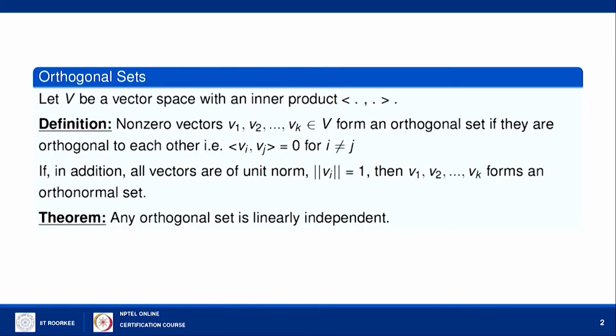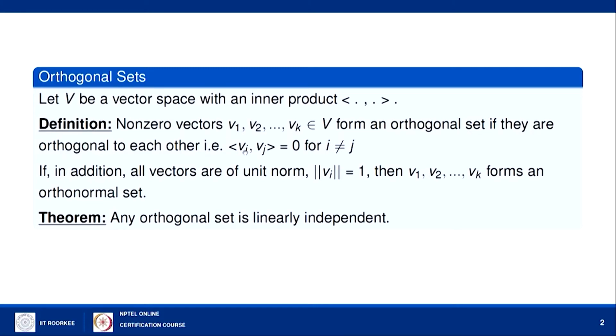We have gone through this definition many times, but just to recall: let V be a vector space with an inner product. So, basically V is an inner product space here, and V1, V2, ..., Vk are k non-zero vectors from the inner product space V. They form an orthogonal set if they are orthogonal to each other.